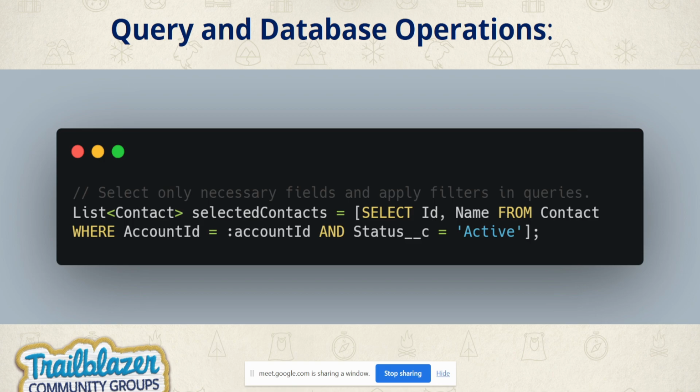So always add some filter to your code, a where clause and a limit clause. It is also a best practice and optimizes your SQL performance, right? So this is the second way, query and database operations.